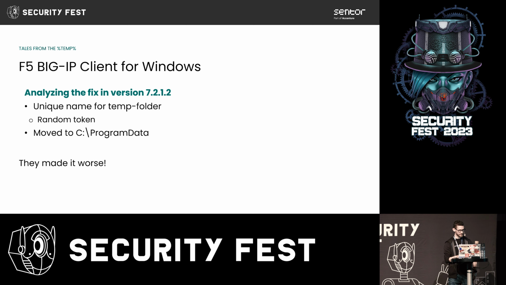Right. So they made a fix when I reported this. They had a random token within the folder, but they moved the folder to ProgramData, which just made it worse. Because ProgramData is just an ordinary folder that inherits all the ACLs from Temp or the root, I think.